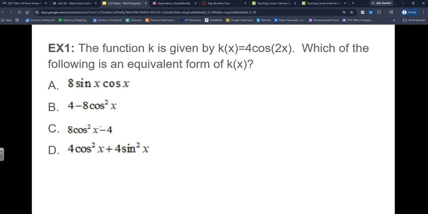So when I see cosine of 2x, I'm thinking about the identity that I can use, because if I look, do I have a 2x on any of these here? I do not. So they used that double angle identity to get rid of the 2x. So that identity was that cosine of 2x is cosine squared x minus sine squared x.